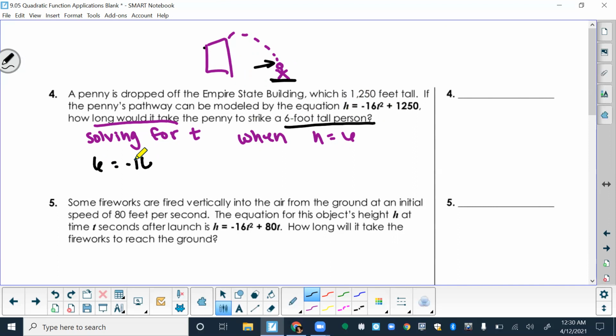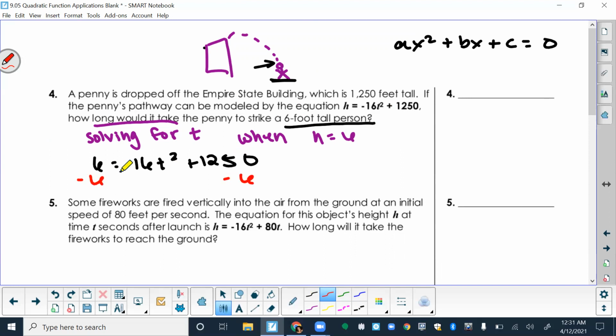We get 6 equals negative 16t squared plus 1250. We want to make this look like our standard form of a quadratic function so that we can solve it, which means that we set this equal to 0. So I'm going to do that by subtracting 6 from each side. It cancels out on the left side. Sorry, let me backtrack a little bit.